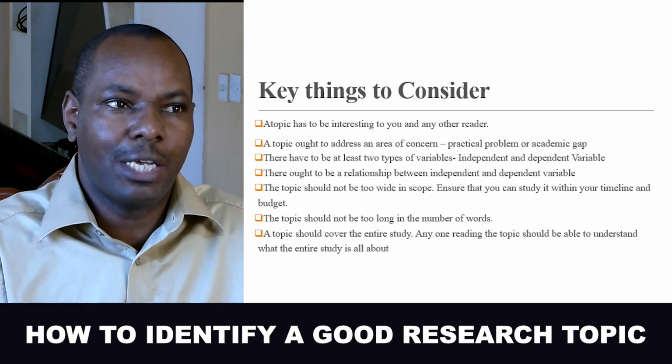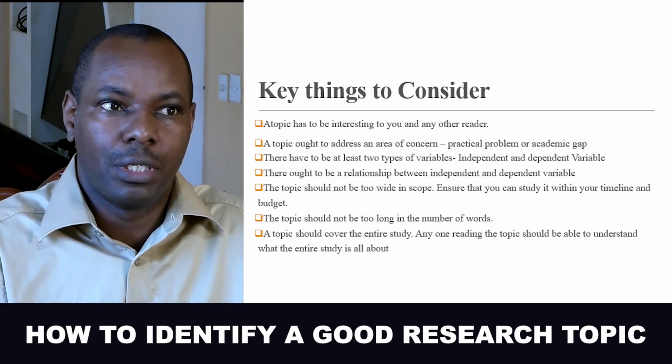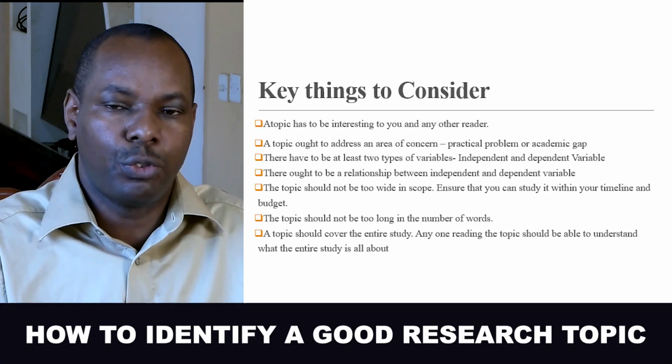A topic has to be interesting to you as a researcher, because for you to have the drive, you need to have some interest in that area, given the fact that it is an area that maybe you understand very well, or is an area that you have already identified that is a possible area for further research.